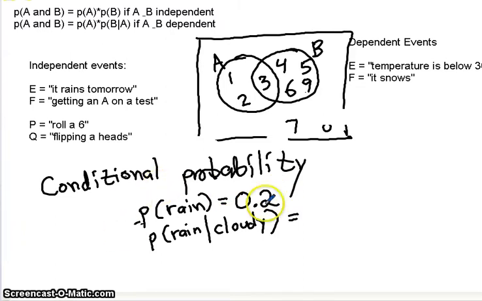Right now, this might say it rains 20% of days in a particular month. But if we already know it's cloudy, and I'm just making up arbitrary numbers here, let's say 75% probability. Because rain and clouds are dependent events.